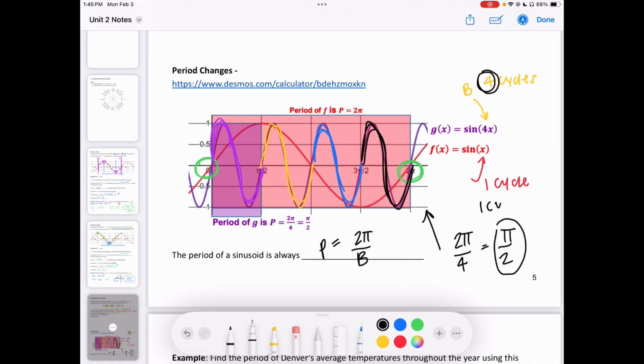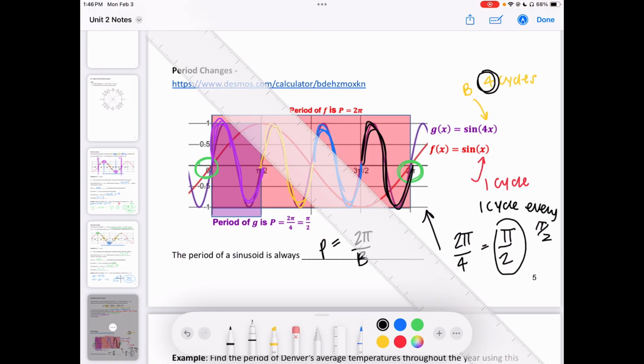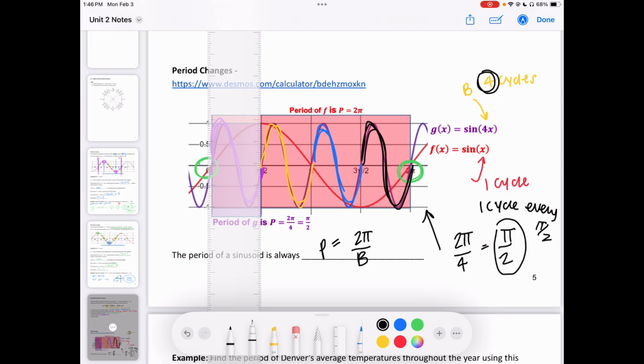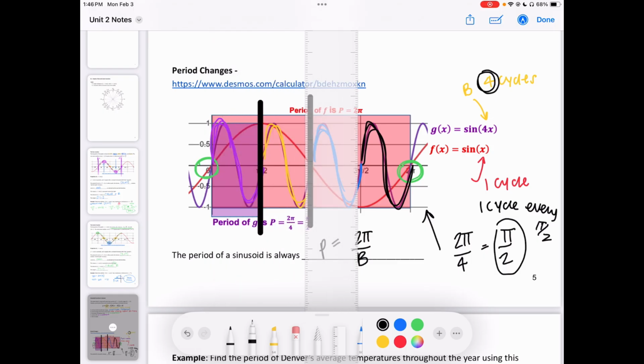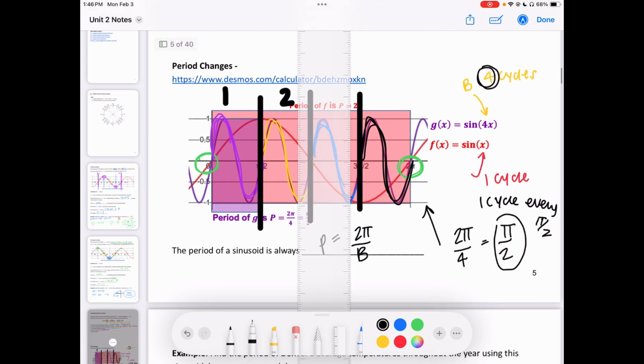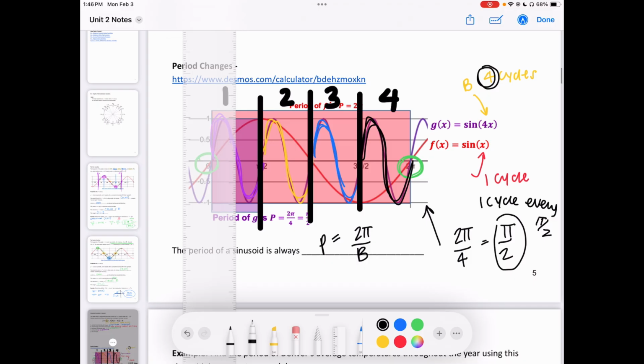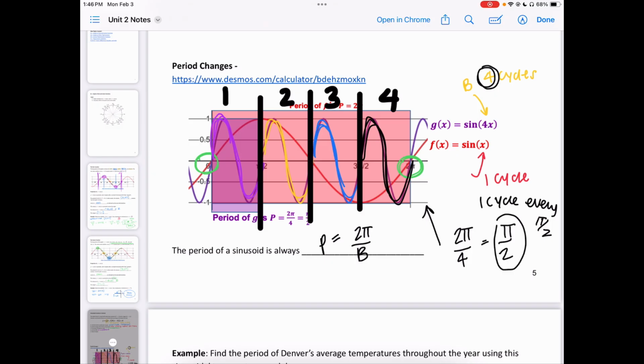So 1 cycle every pi over 2, which if we were to draw a line showing that separation, we'll see there's pi over 2, here's another pi over 2, here's another pi over 2. That's going to create those 4 sections, 4 total cycles from 0 to 2 pi. That is always going to be how you calculate your period. So make sure to commit that to memory.